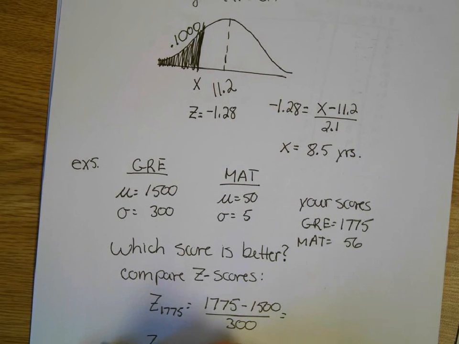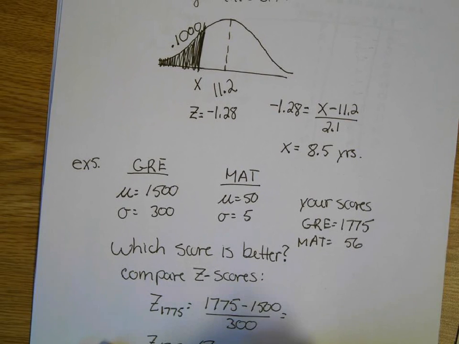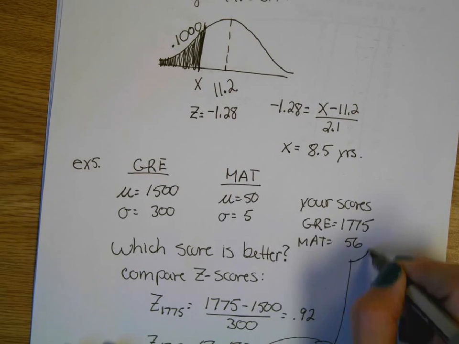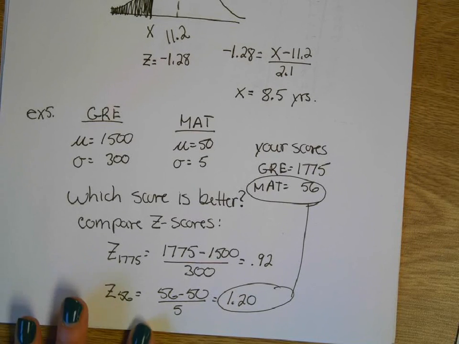And then the Z-score for the 56. This one's 1.2. The other one's 0.92. So, here's your better one. Higher Z-score, better.